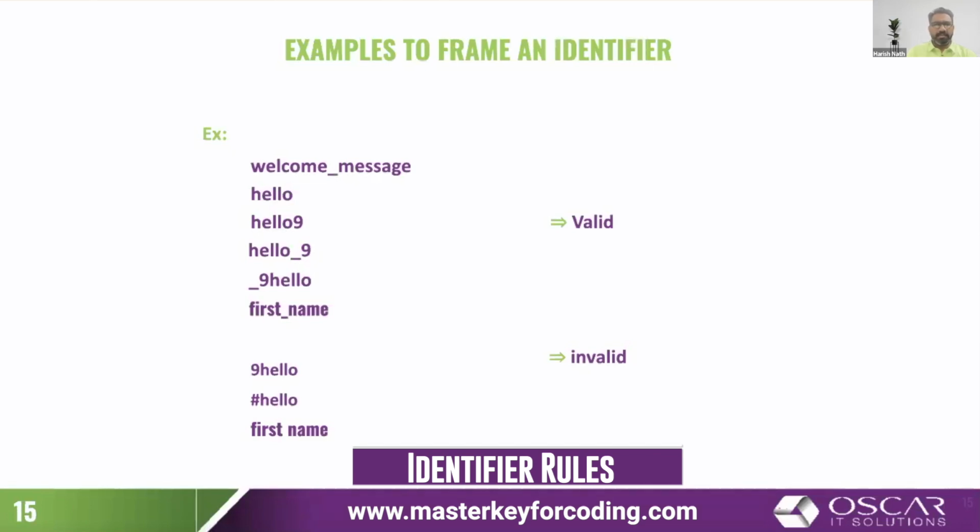It doesn't get distinguished with the cases. So make a note of this whenever you're working with a language. So this was about identifiers. Now we know the data types and the identifiers. Using these, let us try to frame memory statements in our next video. Thank you.